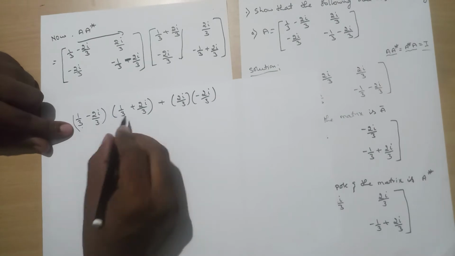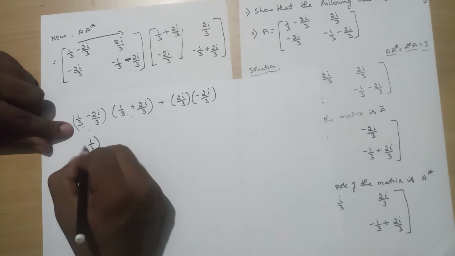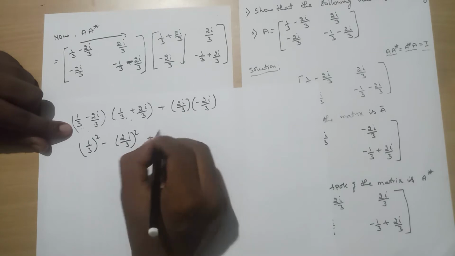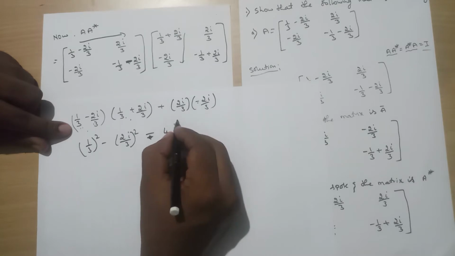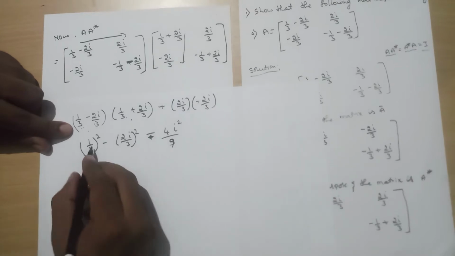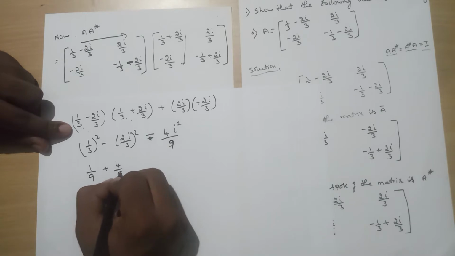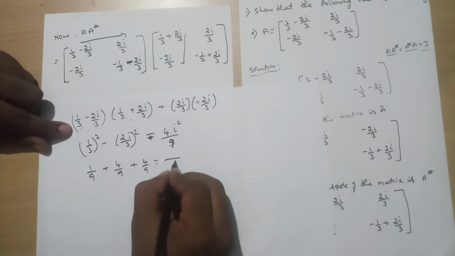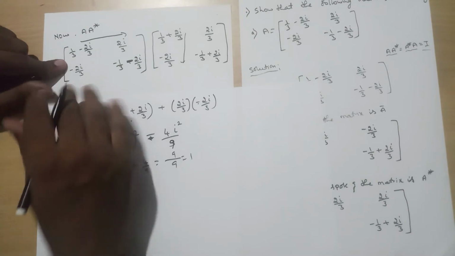So what do you get here, it is a square minus b, here a minus b into a plus b, so a square minus b square. So plus into you get minus 4 I square divided by 9. 3 3s are 9. So ಇದು 1 by 9. So I square ಅಂದರೆ -1. So plus 4 by 9, I square ಅಂದರೆ -1. So we'll get 9 LCM ತಗೊಂಡ್ರೆ 9 ಬರುತ್ತೆ. So we'll get 1. So ಇಲ್ಲಿ 1 ಬರುತ್ತೆ.